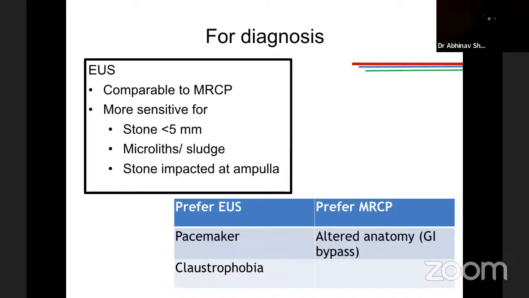As far as EUS is concerned, EUS is comparable to MRCP for diagnosis of CBD stone, and specifically it is more sensitive for stones more than 5 millimeter.